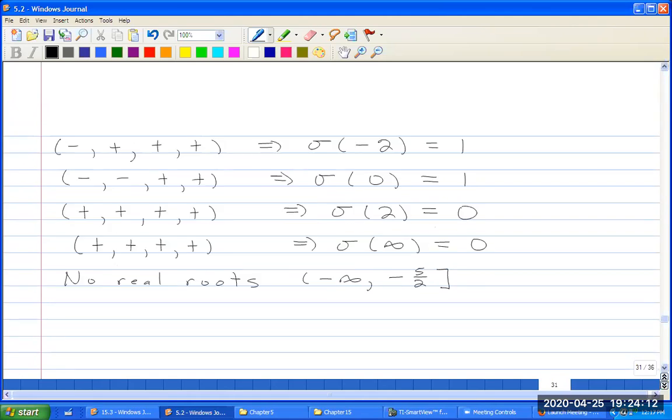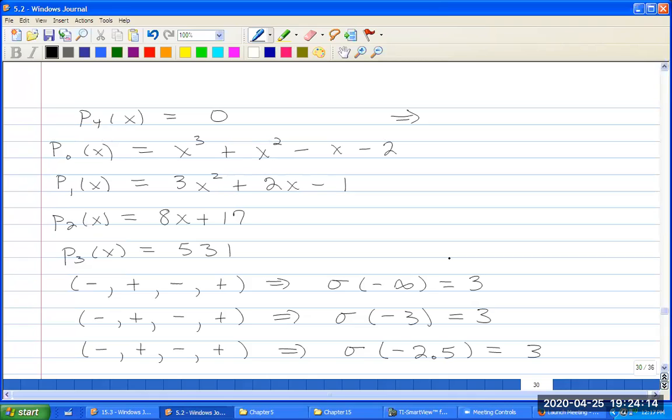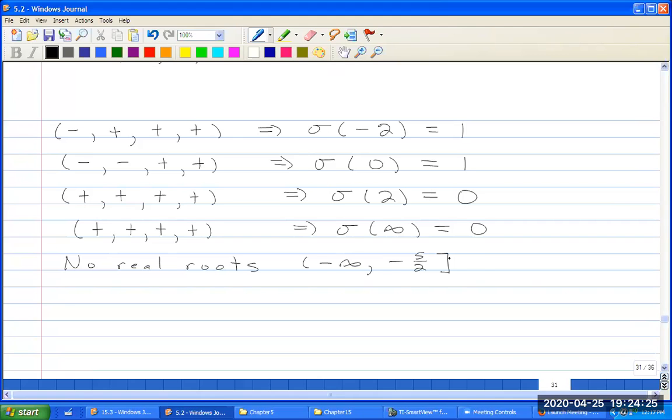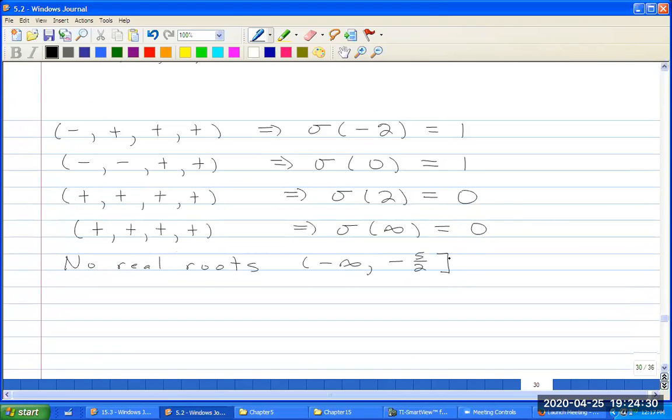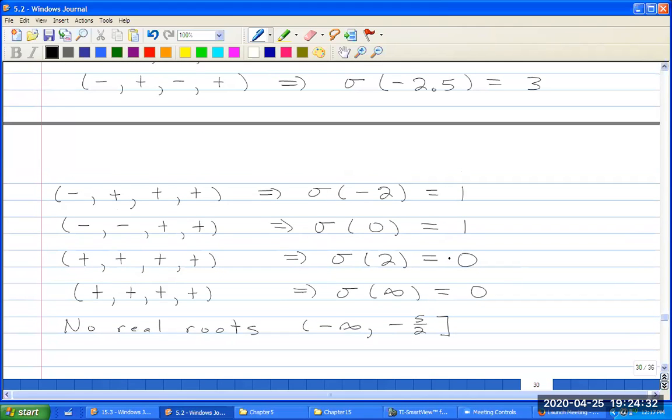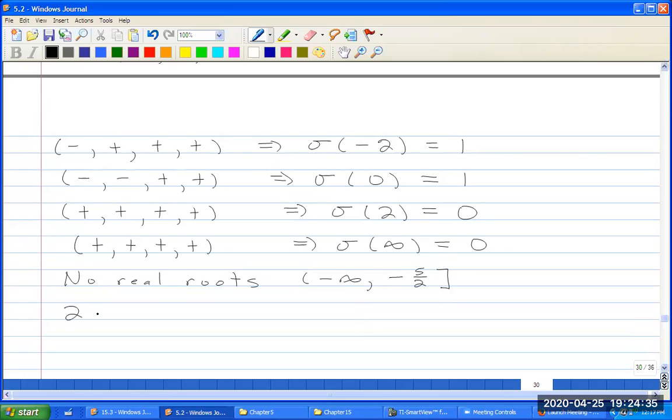I'm assuming that that's not a root, but I'm sure it's not. Yeah, that's not a root. So there are two real roots in the interval negative 5/2 to negative 2. So almost all located there.